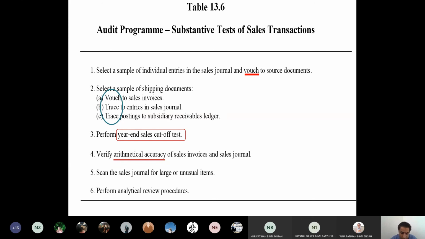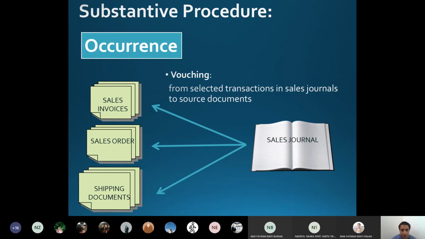So we will do it separately, in a separate manner. Number 6 is to perform analytical review procedures. So we are trying to run some ratios to have some indicators about the transaction behavior.